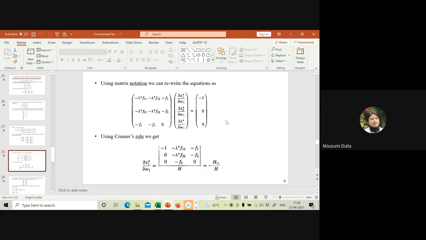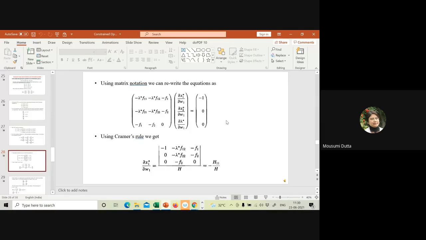Denominator you will keep in the form of the Hessian determinant, because we know the sign of the Hessian determinant. It is a minimization problem, so H is negative. So we will not disturb the Hessian determinant, we will solve only the numerator. So you don't need to write the format as minus h11.